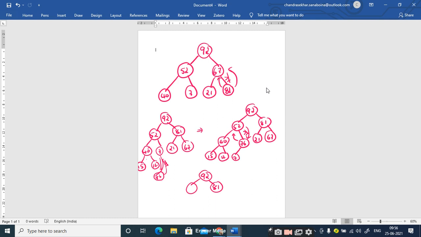Sorry, here I get 76, and then 40, and below I have 15, 12, and 52, and 7, and 21, and 67. Right, is it clear up to this point?